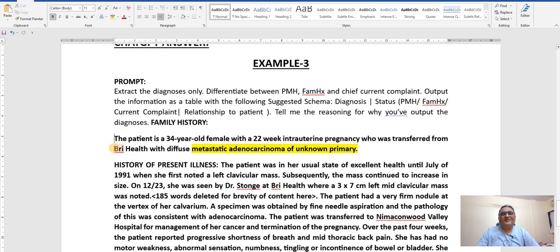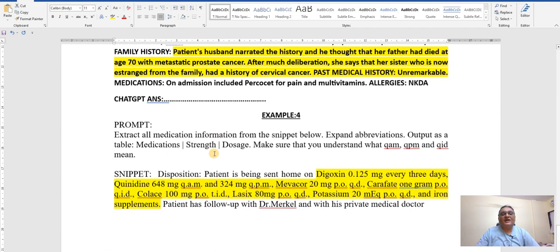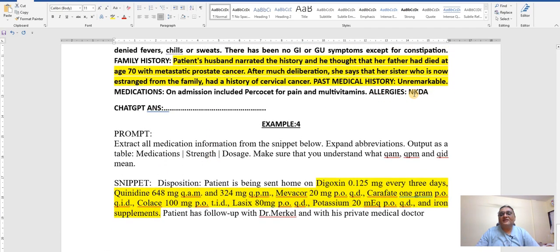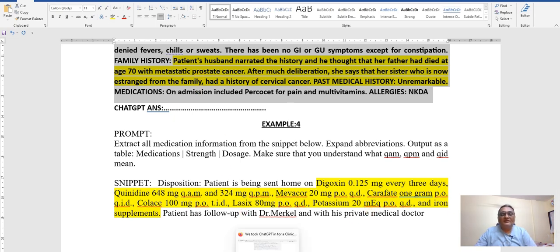Okay, I can remove this word identification of data. This was family history, and this is family history, and this is history of present illness. So we are combining these two and asking ChatGPT, along with allergy information and which medications the patient is taking, whether it can do diagnosis or not.